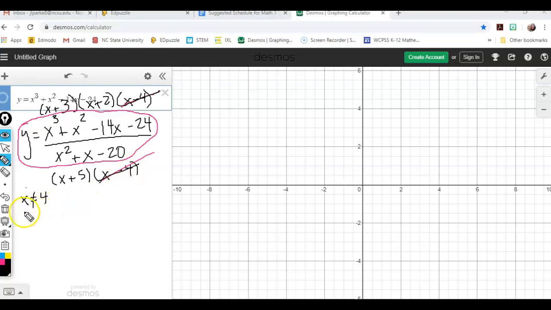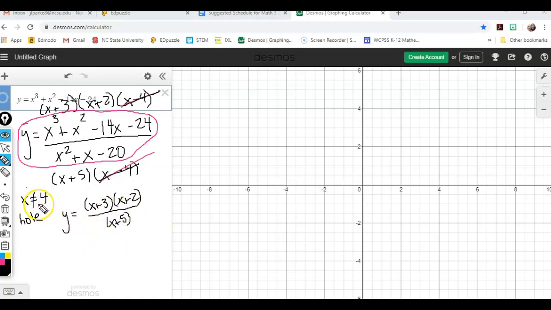And so that means I'm going to end up having a hole in my graph at x is equal to 4. Now, the good news for us is we don't have to worry about graphing this whole big function. We are going to graph the simplified function. So we're just going to graph x plus 3 times x plus 2 all over x plus 5, the simplified one. That's what actually gets graphed.